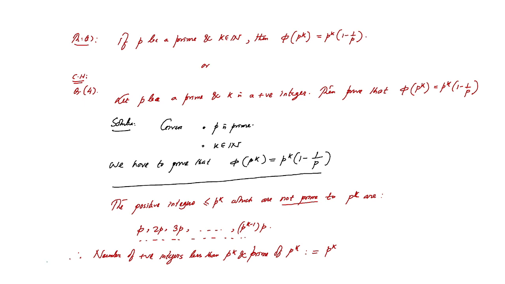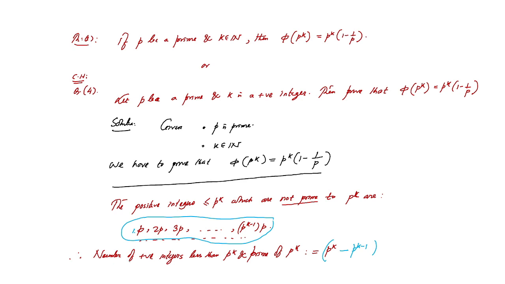These are 1 into p, 2 into p, 3 into p, up to p to the power k minus 1 into p. So the remaining numbers, total p to the power k minus p to the power k minus 1, are prime to p to the power k and less than p to the power k.